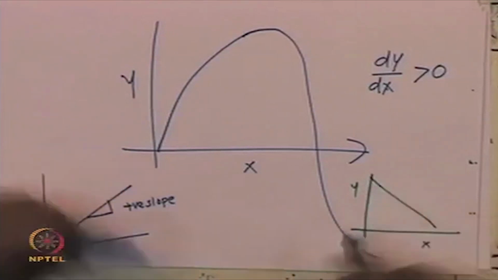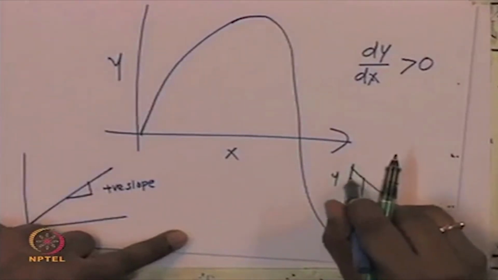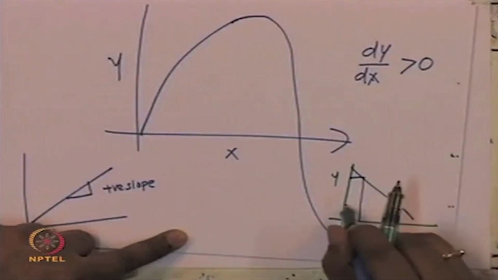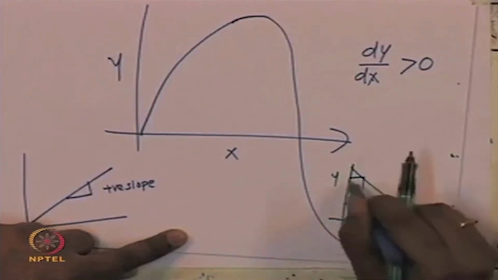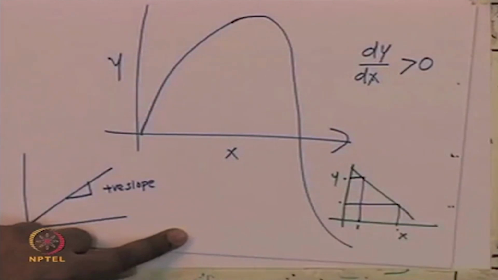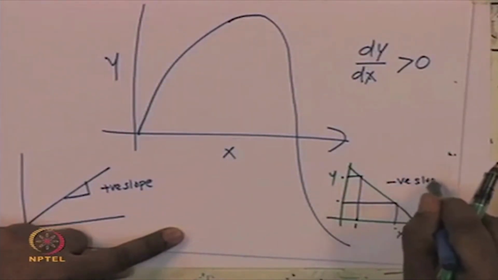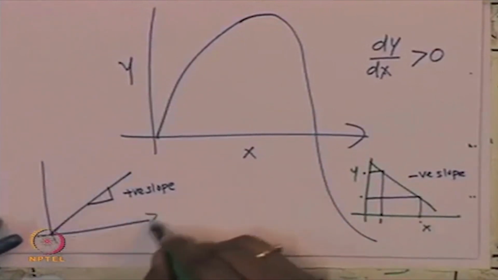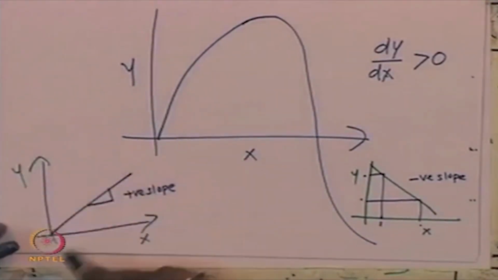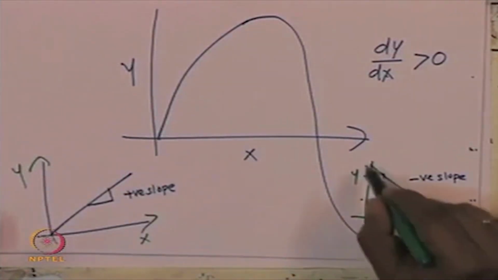For this particular value of x, this is the y value, and for this other value of x, this is the y value. As x increases from here to here, y decreases from here to here. So, this has a negative slope. Let me make this clear once more. Positive slope means as x increases, y also increases. Negative slope means as x increases, y decreases.